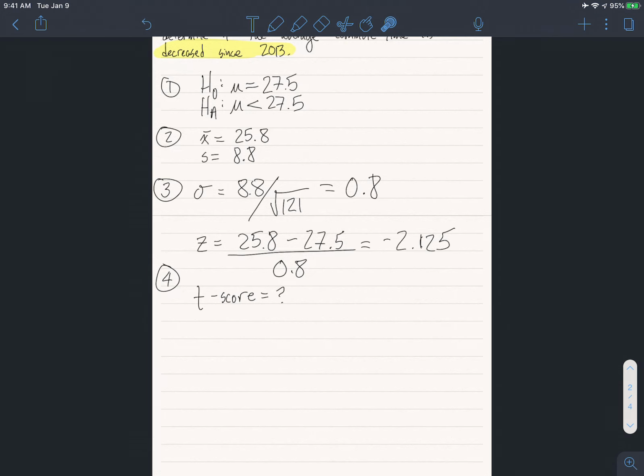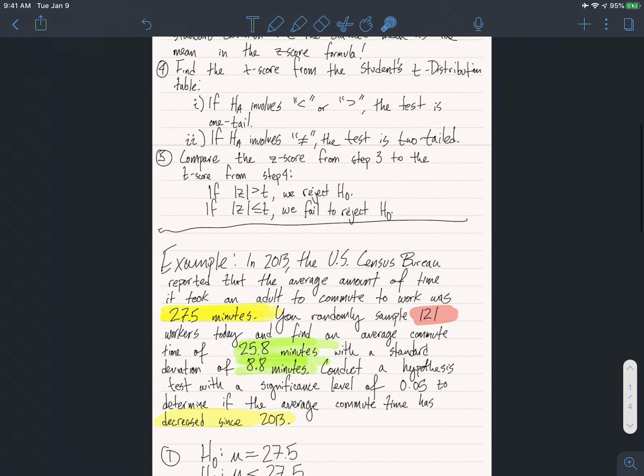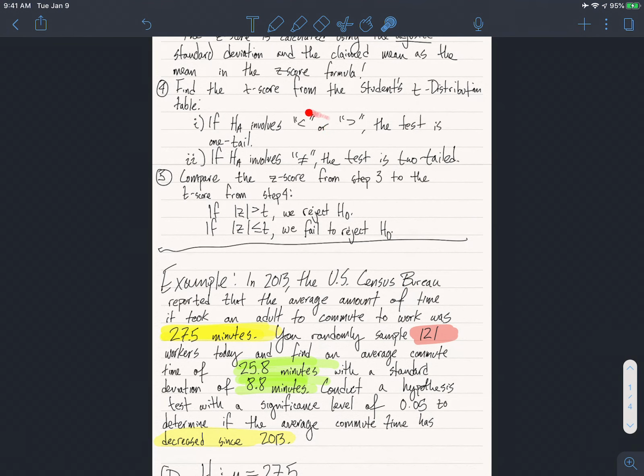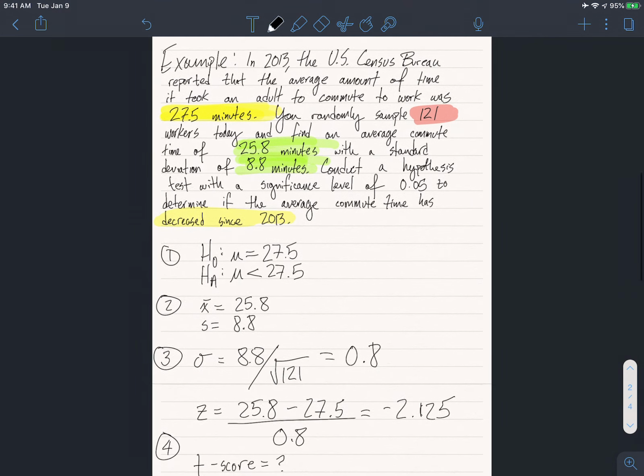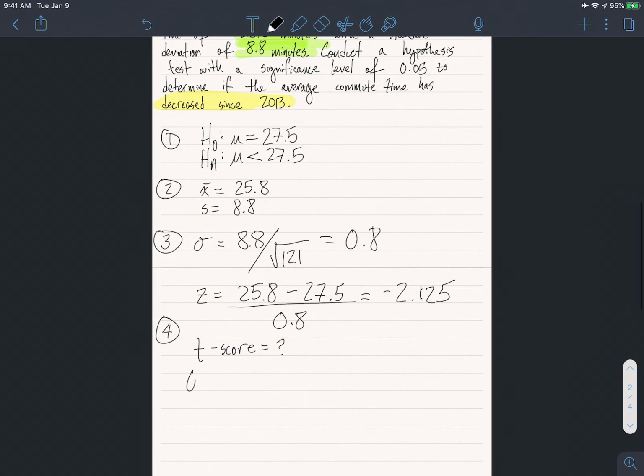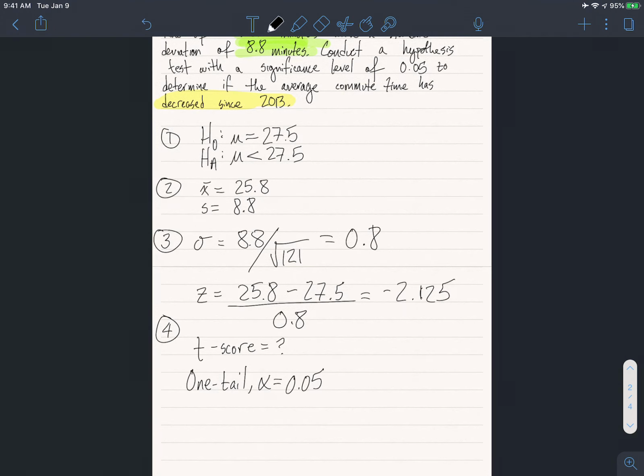Well, since our alternate hypothesis is less than, if HA involves less than or greater than, the test is a 1 tail. So we are dealing with a 1 tail test. Your significance level that we are using is 0.05.